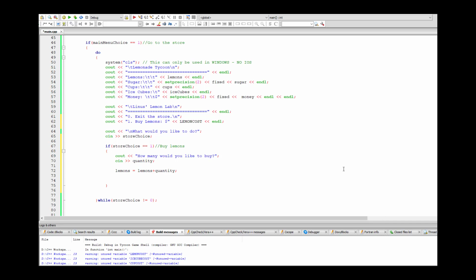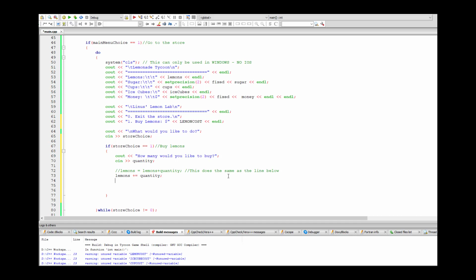There's a shortcut way of saying this: lemons plus equals quantity. I will leave this in here just so you can see. This does the same as the line below. So we're going to say lemons plus equals quantity, and we're going to add that.